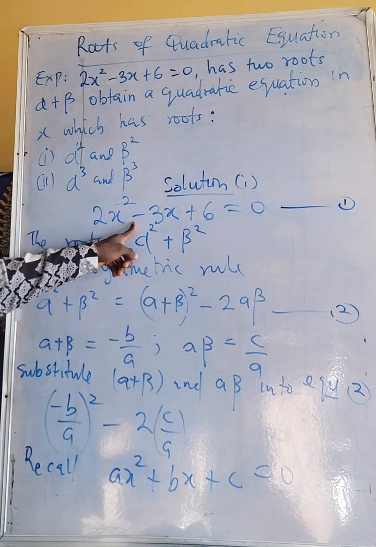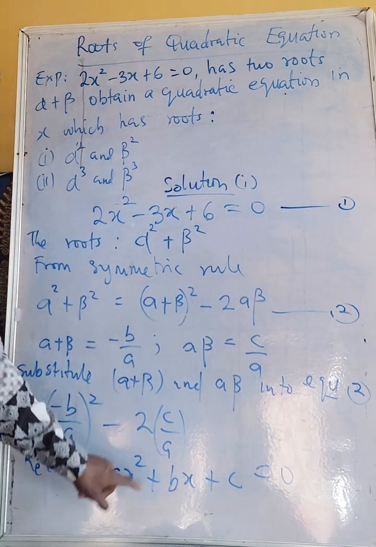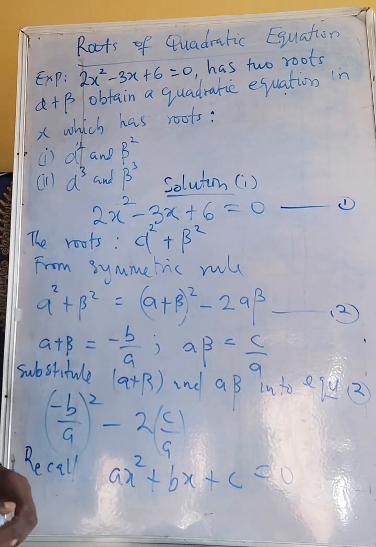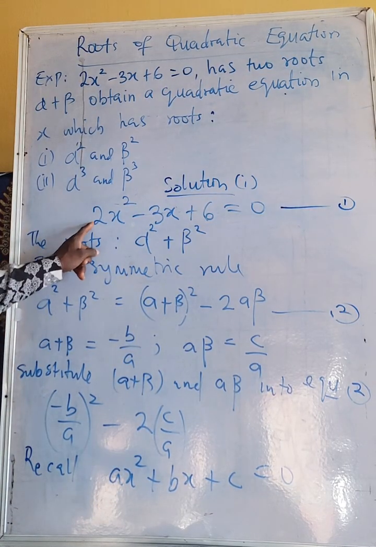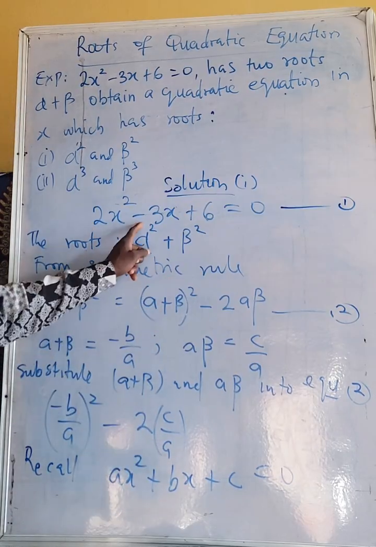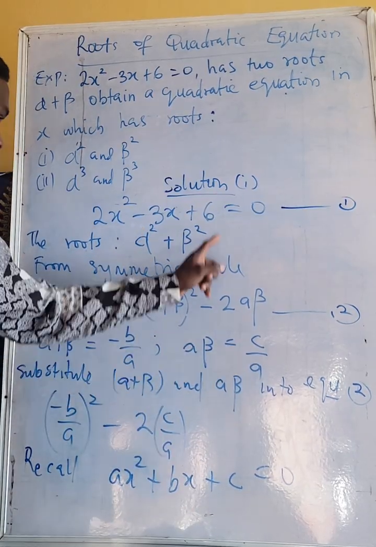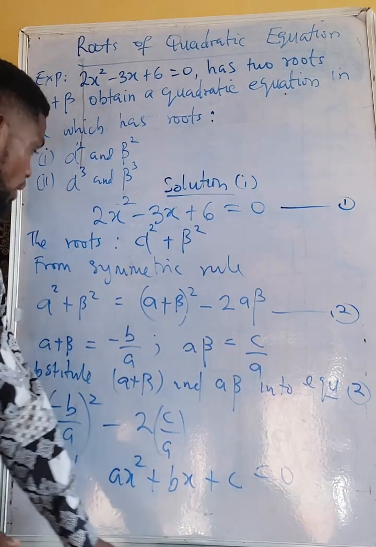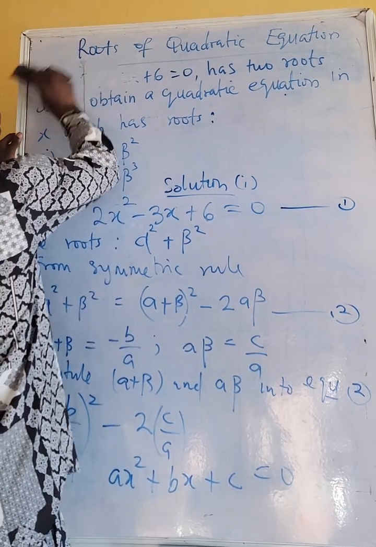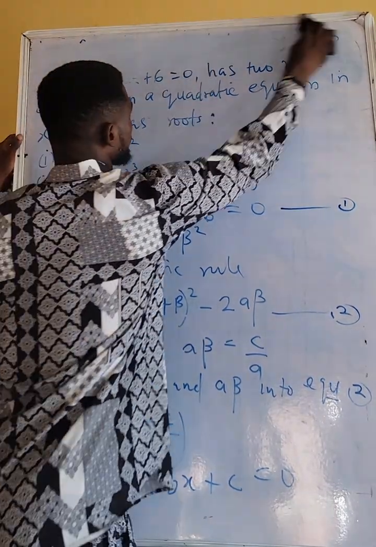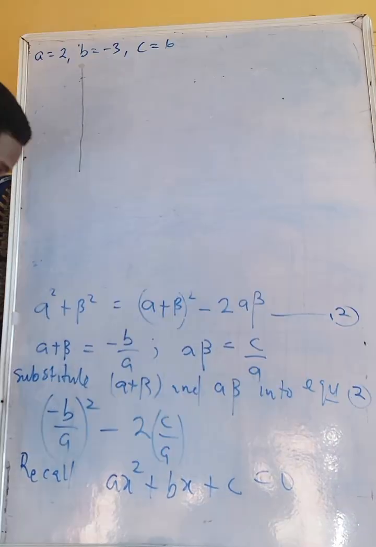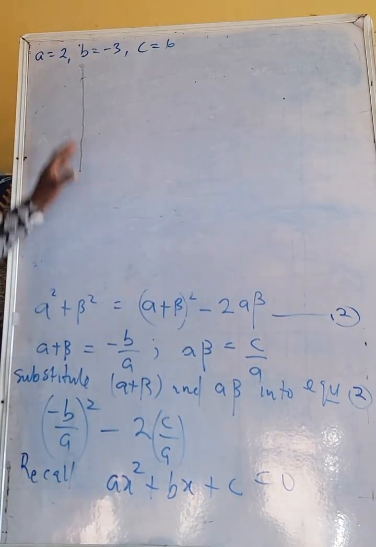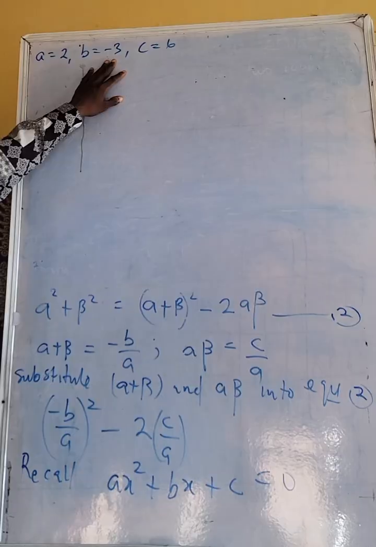So if you compare that, our a is 2, our b is minus 3, and our c is 6. So we substitute it into that equation. After comparing, we have a as 2, b as minus 3, and c as 6.